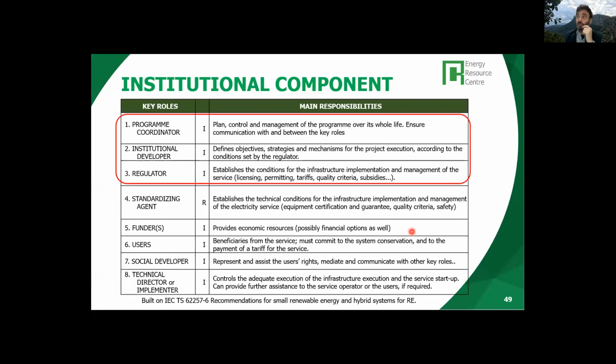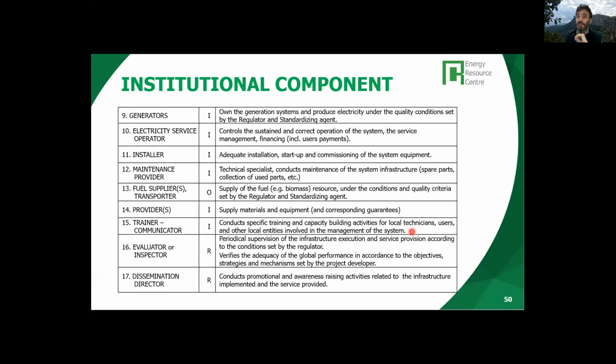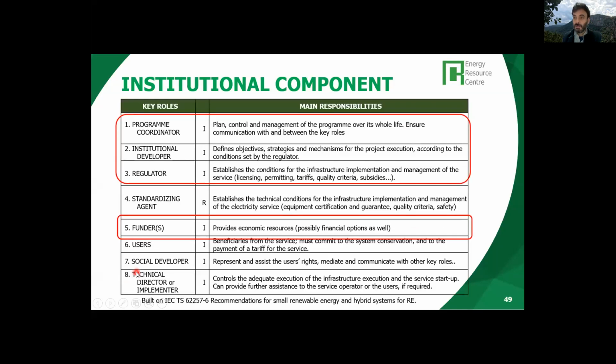For instance, this is a very long list that I have, up to 17 different roles for a project. All of these roles are important. Some of them are indispensable, some of them are recommended, okay?